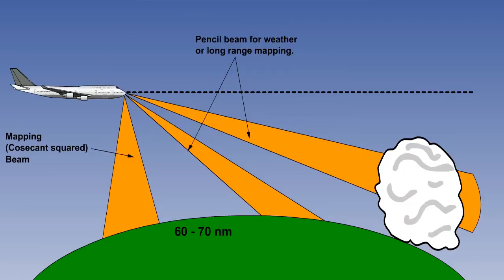In older equipment, two types of beam are produced. The conical or pencil-shaped beam is used for weather and long-range terrain mapping, whilst the co-secant squared or fan-shaped beam is used for short-range terrain mapping, that is, out to 60 to 70 nautical miles.